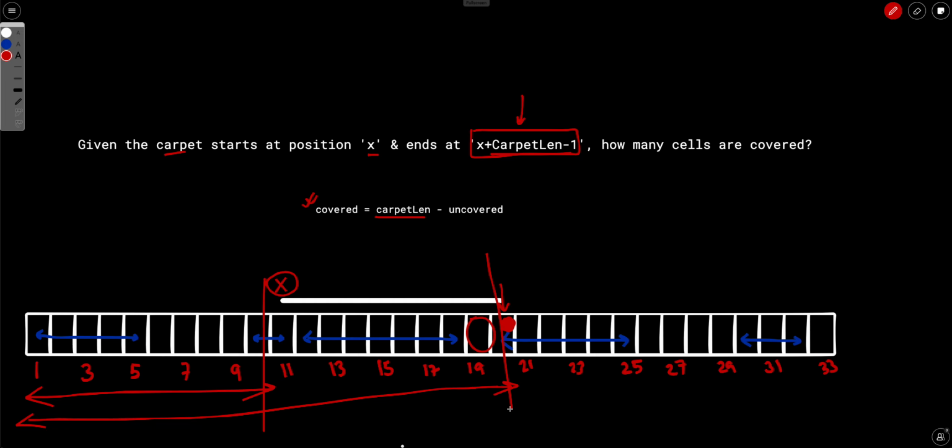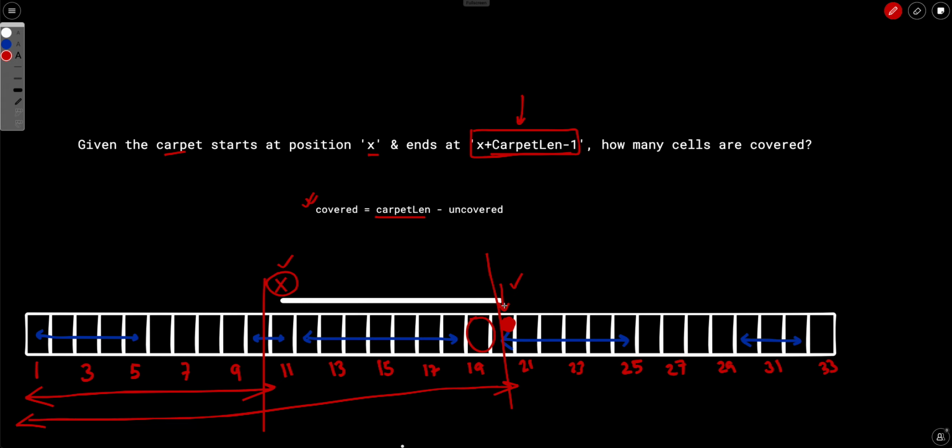So what we are doing is we are trying to find the number of uncovered cells in a particular range. Now, whenever you have to find something in a range, you can think of it like a prefix sum. So we are trying to find the number of uncovered cells from this to this.